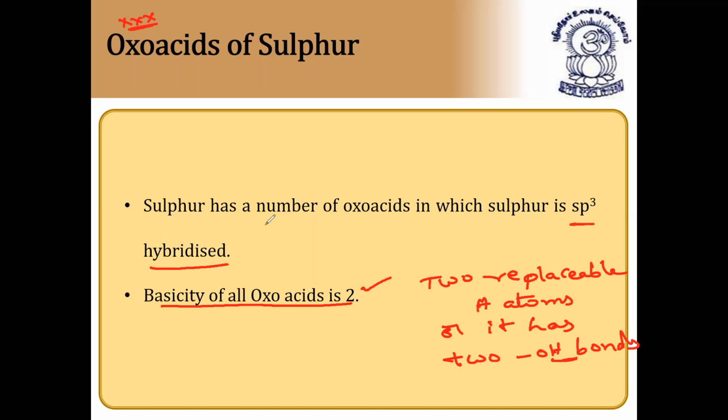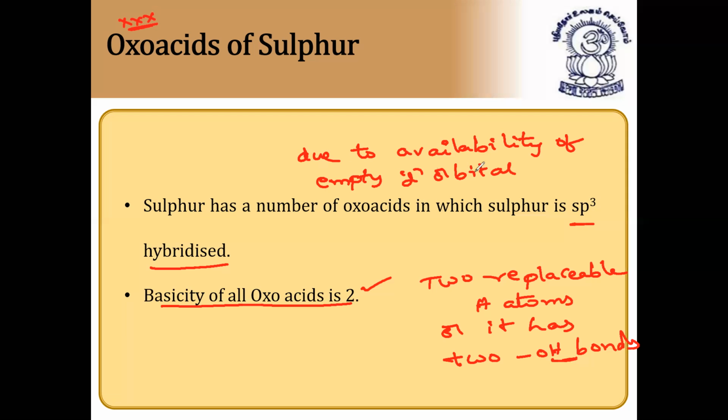Sulfur has a number of oxides. Why is it forming so many oxides? Due to the availability of empty d orbitals, sulfur forms many oxides.